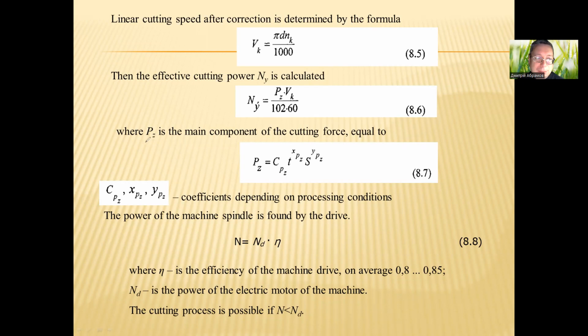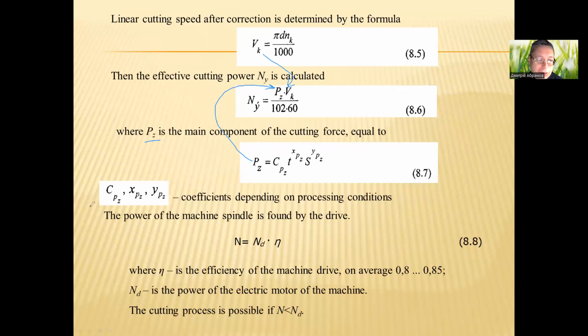In this formula, P suffix z is the main component of the cutting force, and it can be calculated using formula 8.7. So P suffix z is equal to C suffix Pz multiplied by t to the power x suffix Pz multiplied by s to the power y suffix Pz.